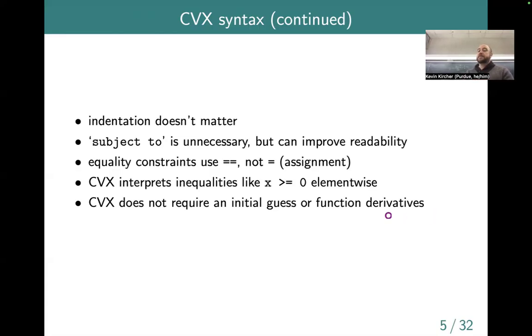And oftentimes for algorithms, we may need derivatives of functions. Derivatives tell us what direction a function is increasing or decreasing in, which is useful when running an algorithm to minimize or maximize a function. CVX doesn't require you to do any of that, which is nice. If you have a complicated problem, it can be non-trivial to find derivatives of all your functions with respect to the decision variables.